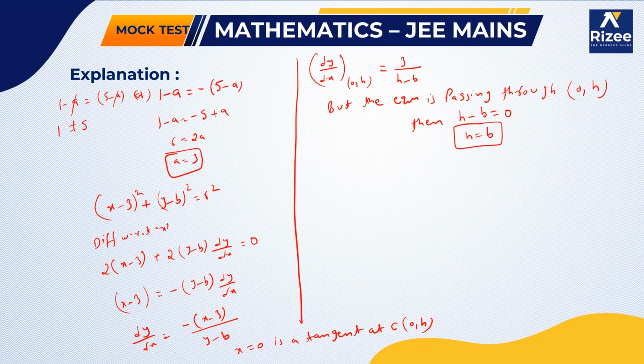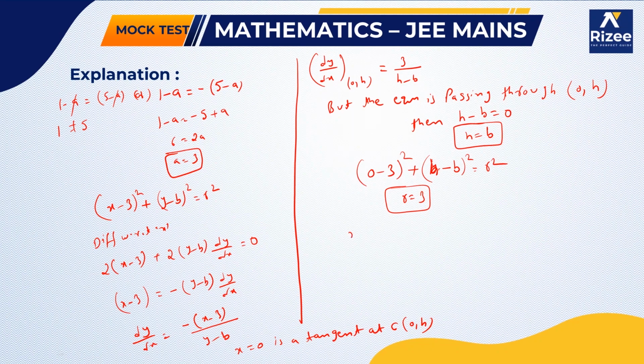Substitute h equal to b in equation 1: (0 minus 3) whole square plus (h minus b) whole square is equal to r square, as 0 comma h is passing through the circle. So instead of b we can write h, and r is equal to 3. Substitute r equal to 3 in equation 1.